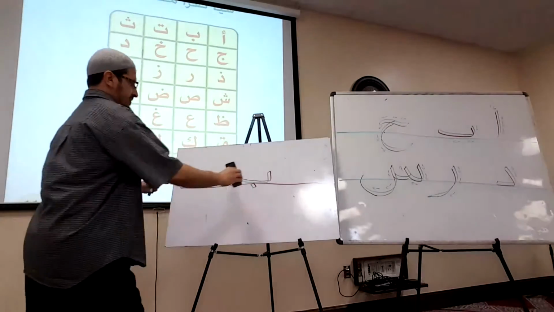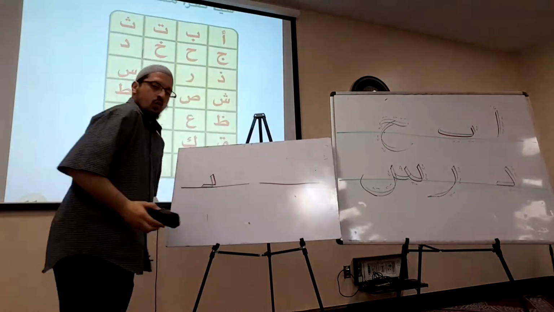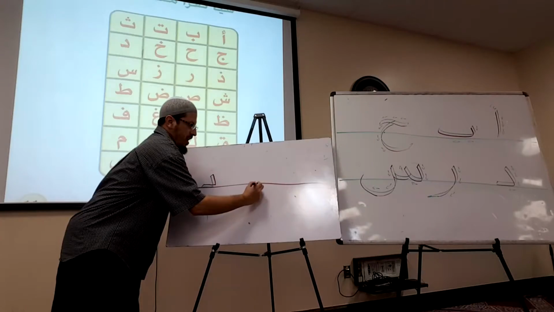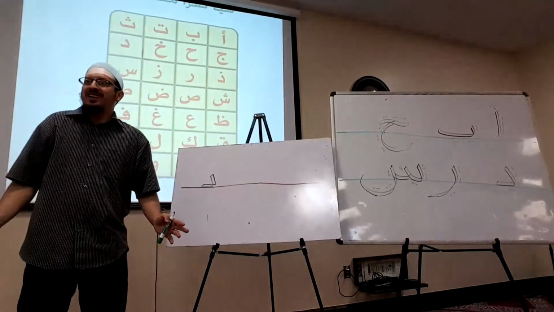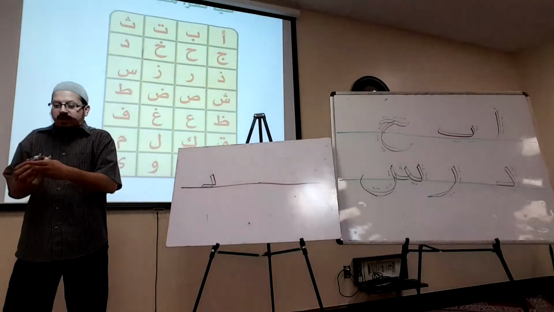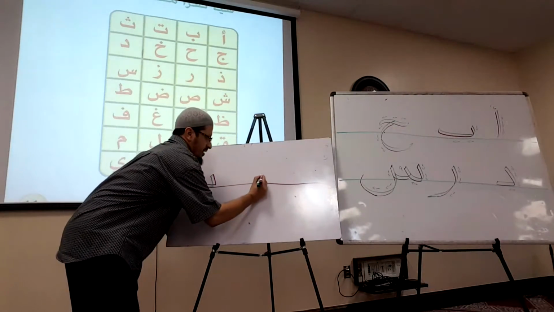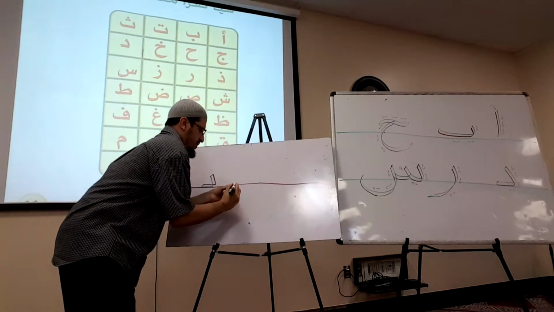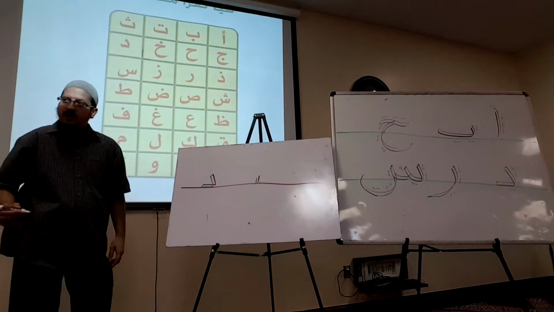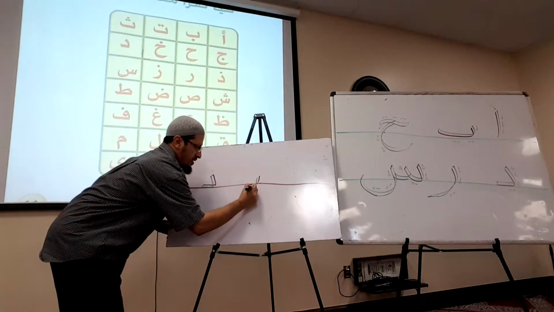Now here, this is where sometimes we confuse the dal and the ra. We confuse it because if we put this under the line, then it's the same, right? So the rule is that the first part of the ra goes on top of the line, and the other part where it becomes thin goes under the line.